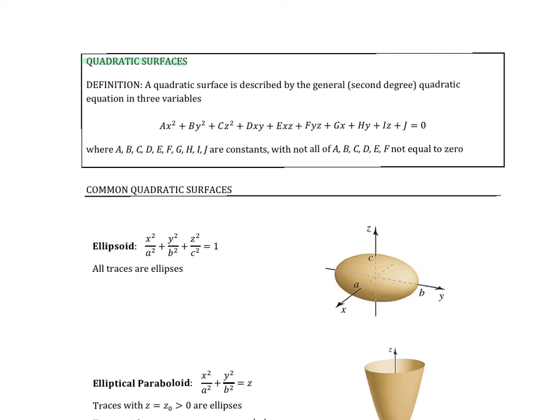Now, a quadratic surface is called a quadratic surface because at least one, it doesn't have to be all of them, but at least one of the variables x, y, or z, its highest exponent will be a 2. So you could think about a quadratic equation from algebra.